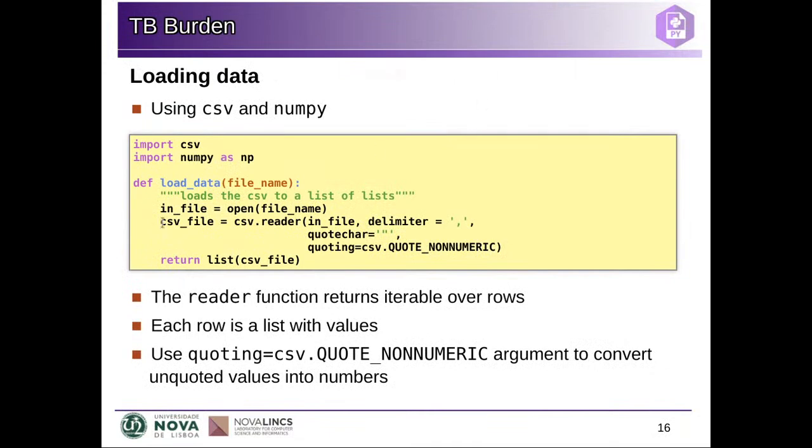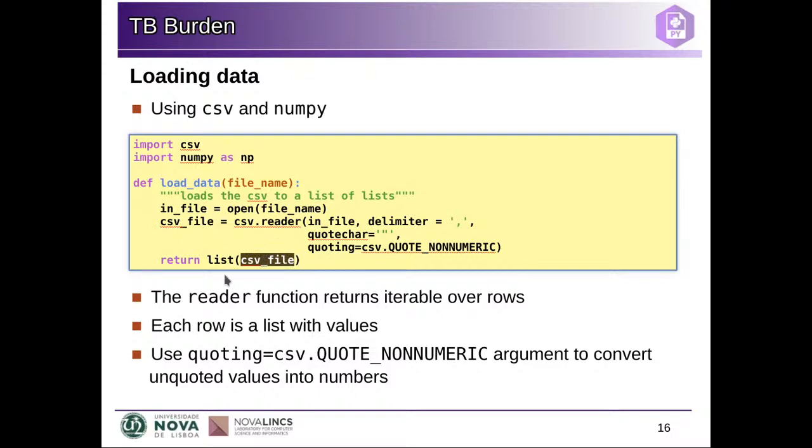Okay, so this basically is the function. We open the file for reading. We give the file object to the CSV reader. It will read the file and give us an iterator that we can use to go through the CSV file row by row. If we want to return a list with all the rows of the file, then we just use this list function and convert this iterator into a list.